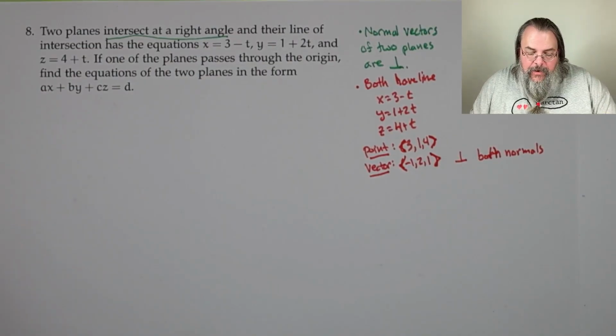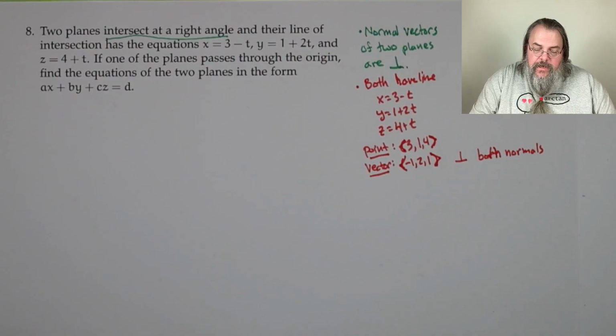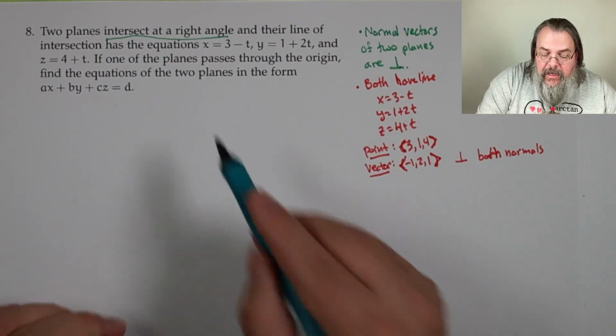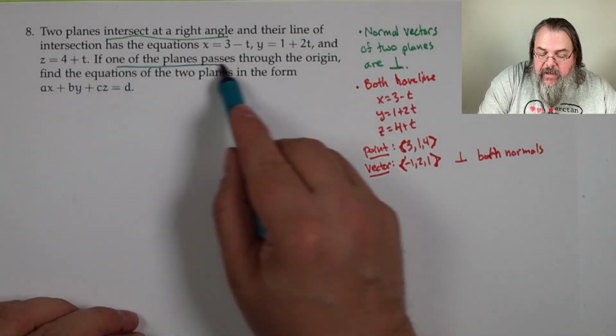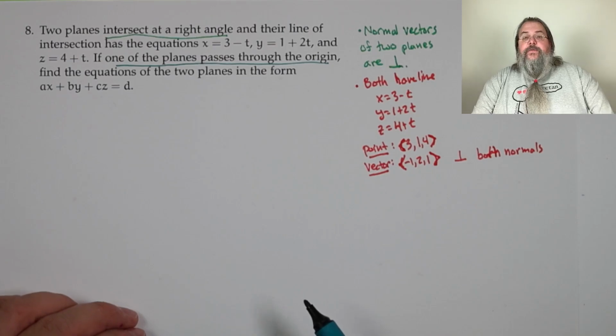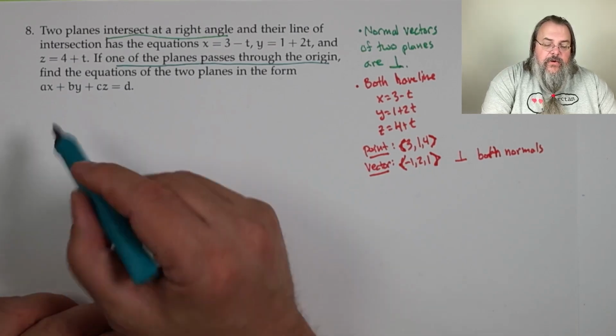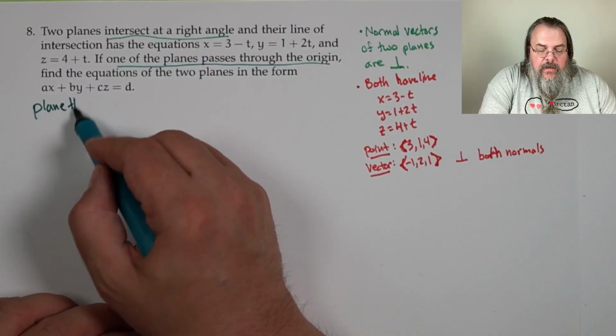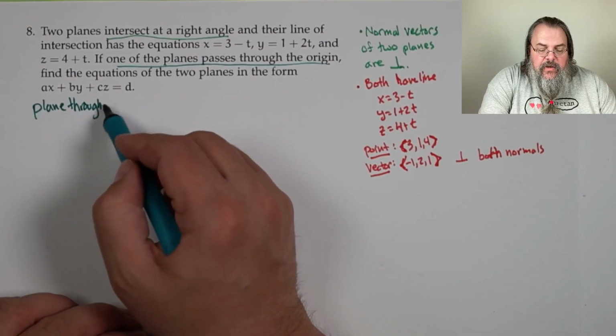Now, we have one other thing. One of the planes passes through the origin. Okay, so let's focus on that. The plane through the origin, what do we know about it?